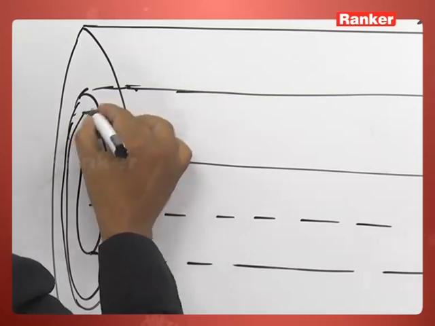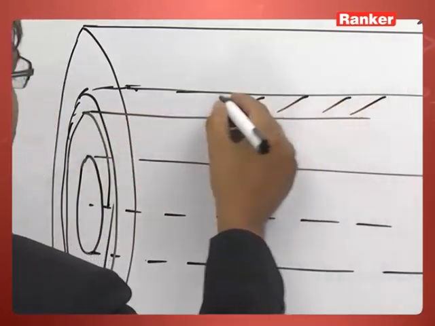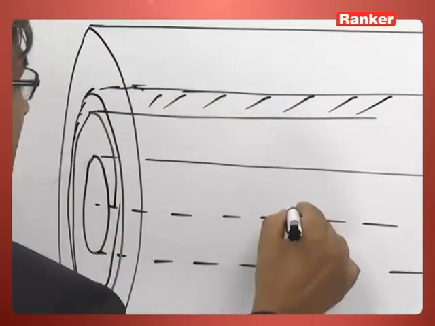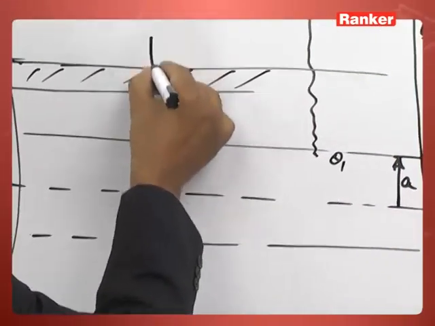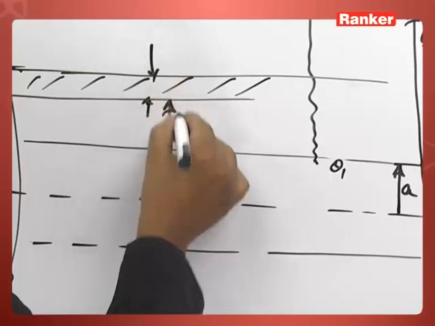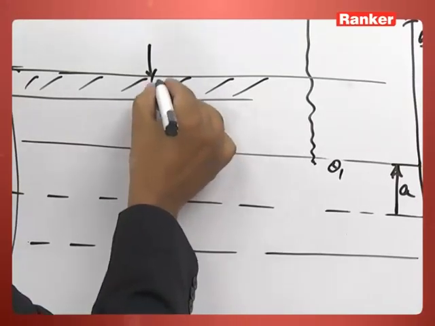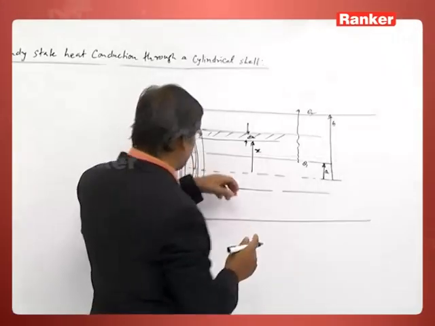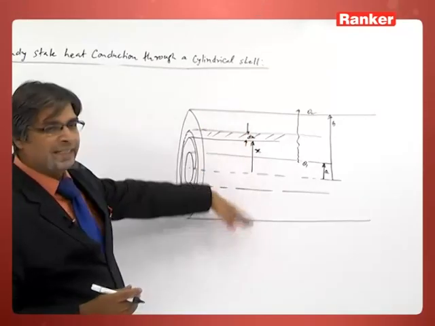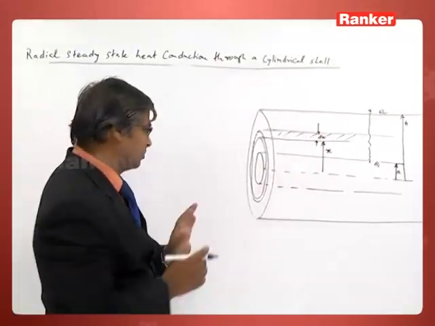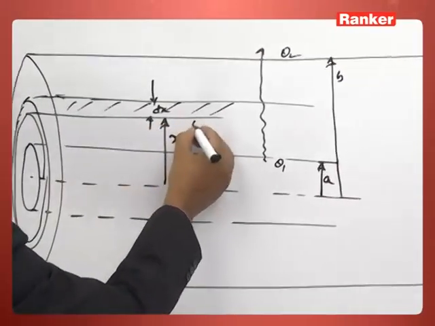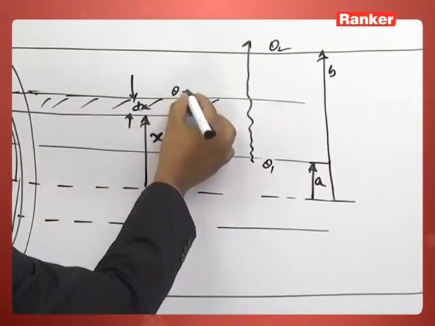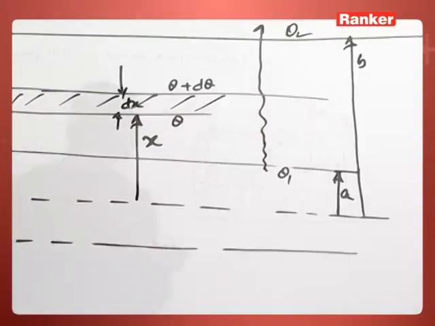This annular region has a radius r and a radial width, suppose I say x, so it is dx. The heat flows along this radial direction, along the direction x. Let the temperature here be theta and here be theta plus d theta.